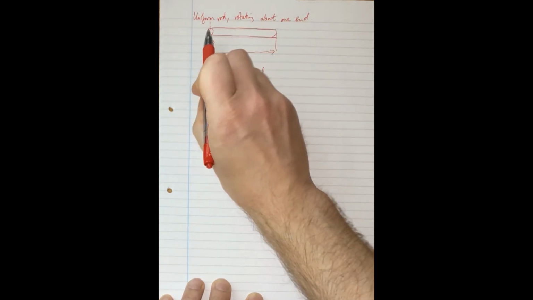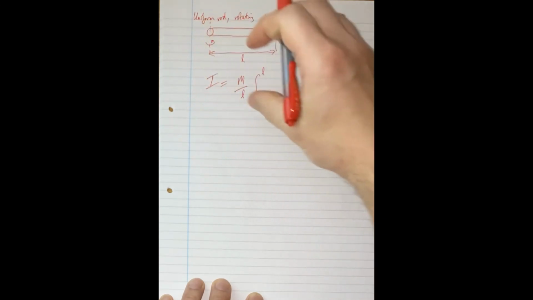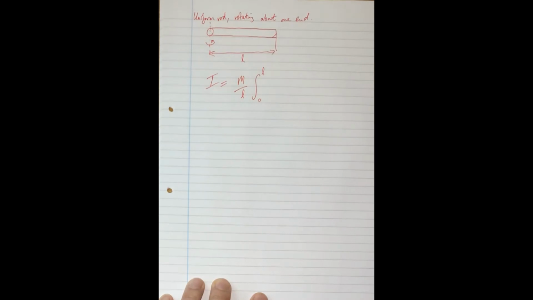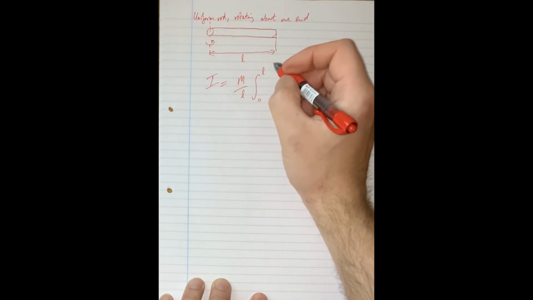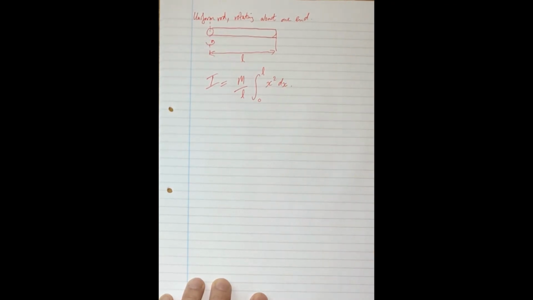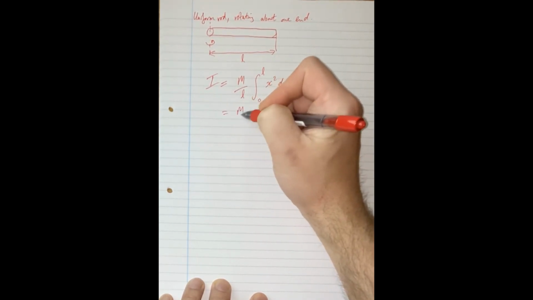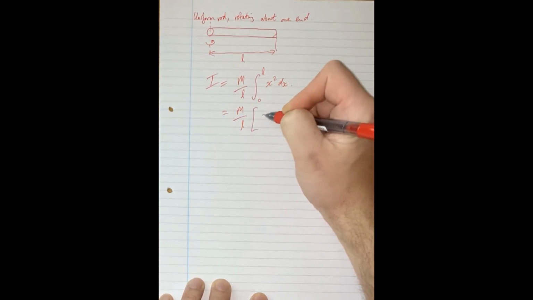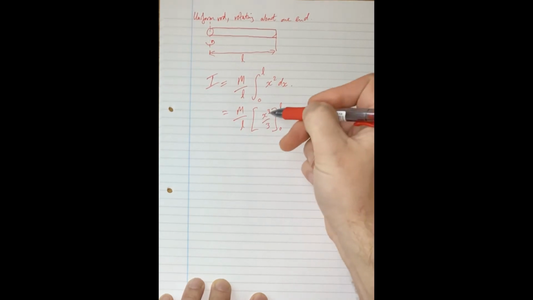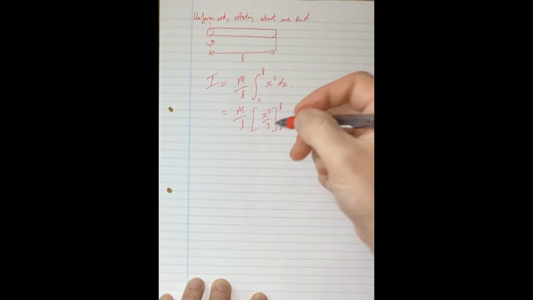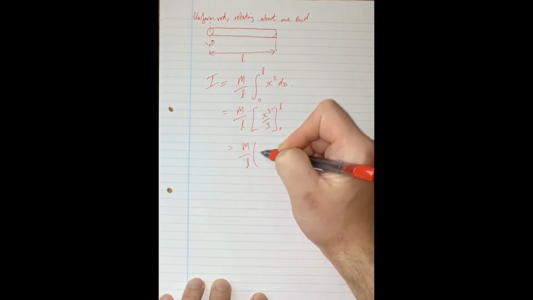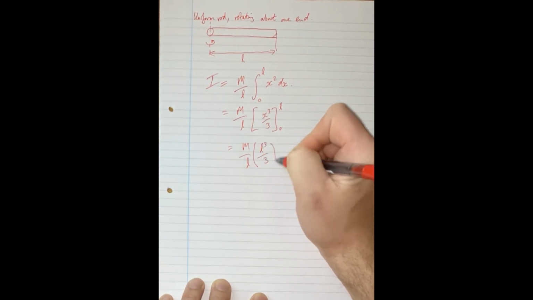Okay, so from this point, integrating outwards, summing up all the masses times the distance squared from that axis of rotation, it was the same terms as before, x squared dx. Integrating that, m over L, x cubed over 3, and then putting L in there, taking away 0 cubed over 3, would just give us m over L times L cubed over 3.